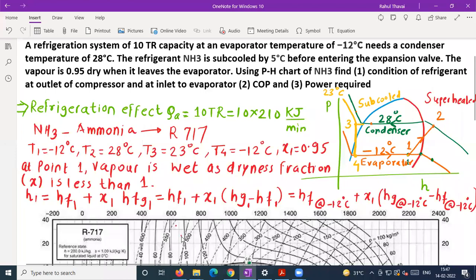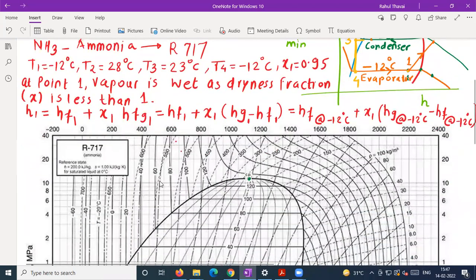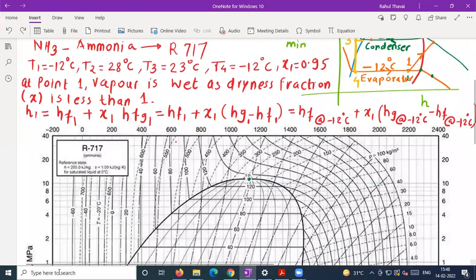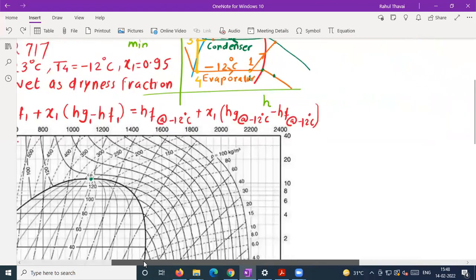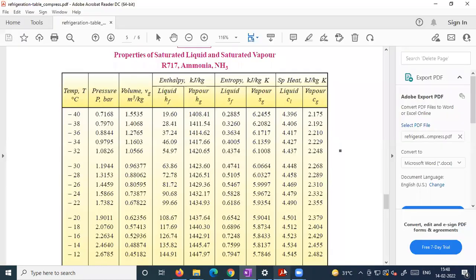Okay, so what we'll do now, all of you can see. With this, we need to do some calculation, right? So now let us start with the calculation part. Let us put the values now. The value of HF, all of you know, we have just taken it from the table.